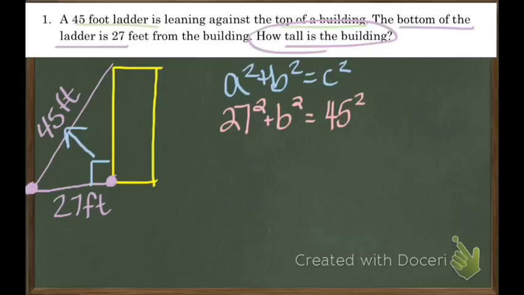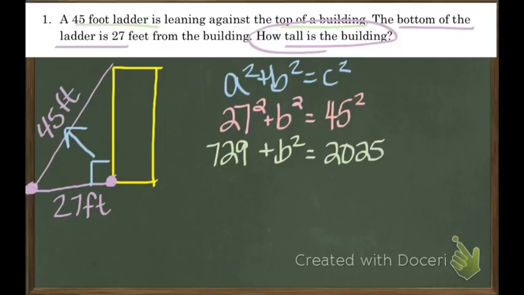So if I square 27, 27 squared is 729. I don't know what b squared is, but I know that 45 squared gives me 2,025. Now, I need to figure out what b squared is, and then ultimately find out what b is.